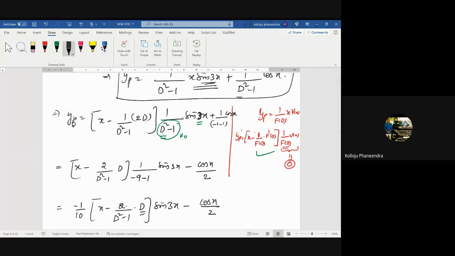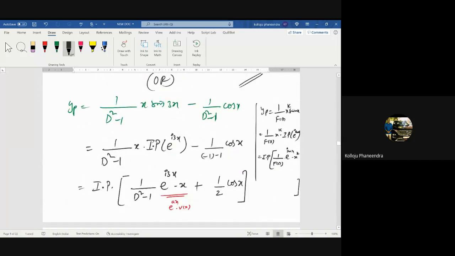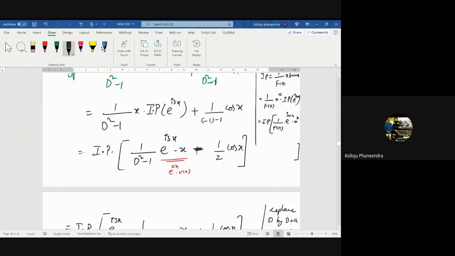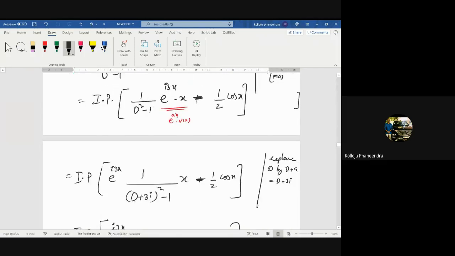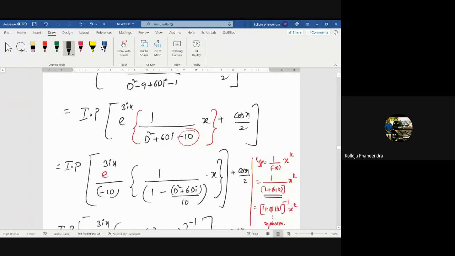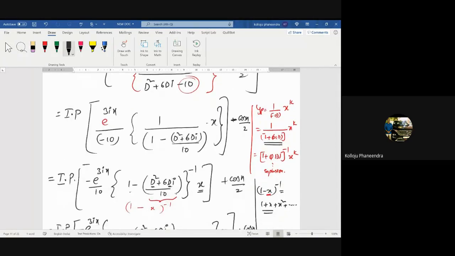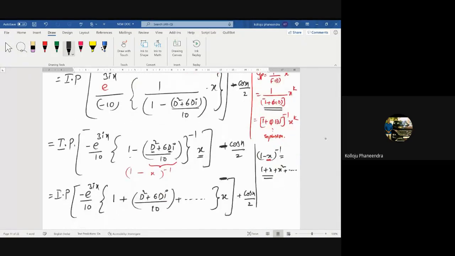Then I have taken minus maybe. Now this is plus, so this becomes minus. All of you remember this procedure. The second procedure is very important because many of the problems are solvable by this procedure only, imaginary part and real part. Remember.